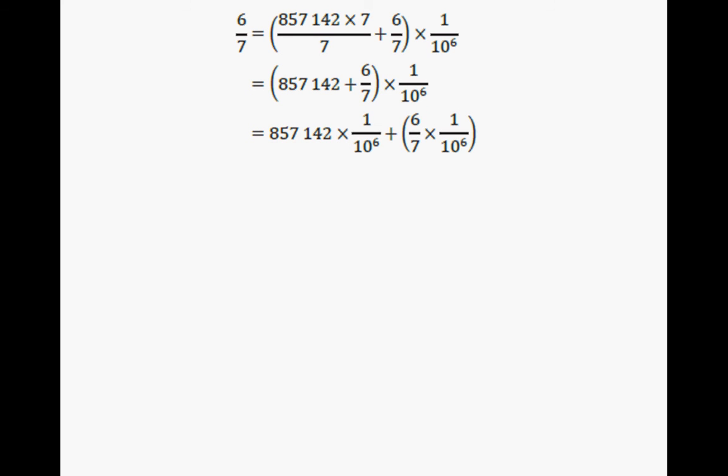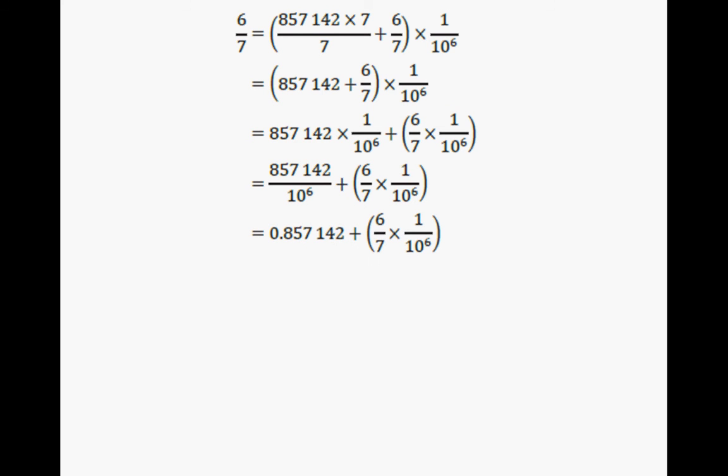Then by using distributive property, we get our two products. And by simplifying 857,142 over 10 to the 6th power, we get a decimal 0.857142 plus, and then the other product is 6/7 times 1 over 10 to the 6th power.